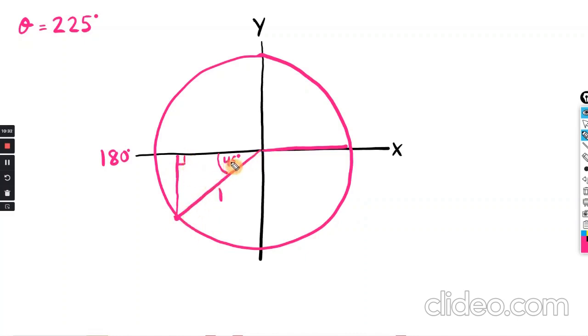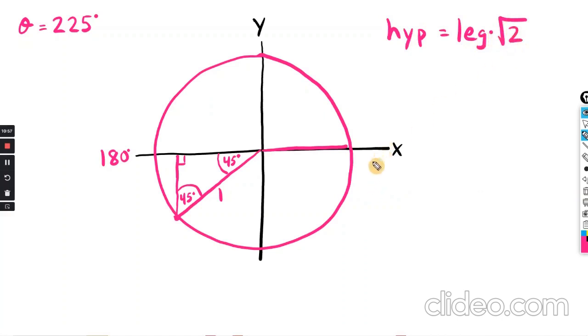If this is 45 and this is 90, this angle here is 45. And this formula is much simpler. We said before, for 45, 45, 90, the hypotenuse is just the leg times radical 2.